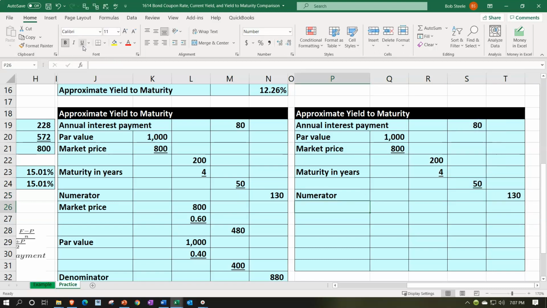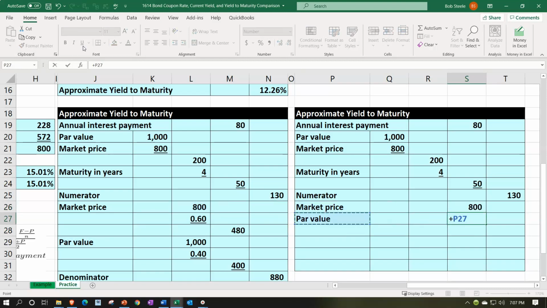The new stuff happens on the denominator, which is going to be equal to the market price plus the par value, divided by 2. Market plus par over 2. Adding those up, underline. We're going to divide that by 2, bringing that to the outside.